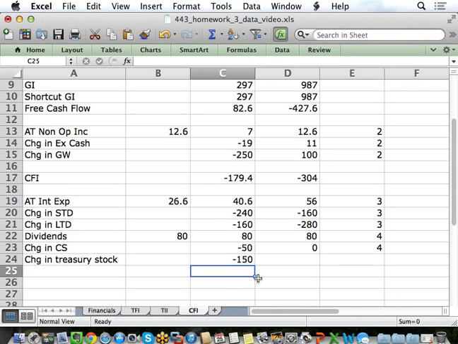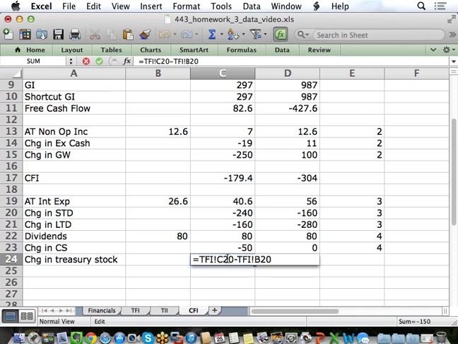So therefore, I'm basically buying back more treasury shares. I bought back 150 worth of treasury stock. Is that a cash flow that's going to the shareholders, or is that coming from the shareholders? It's going to them. I'm buying their stock back, I'm giving them cash. So in this statement, positive or negative? Positive.